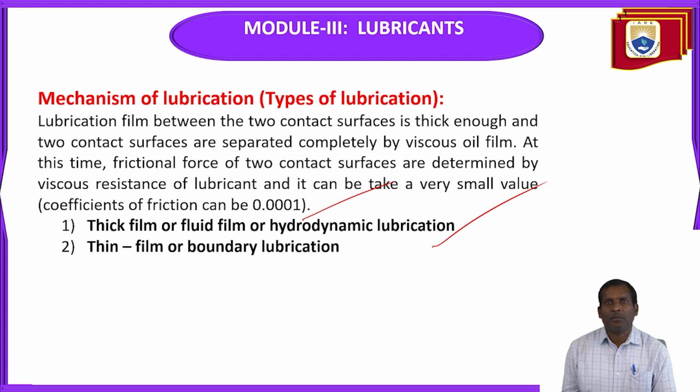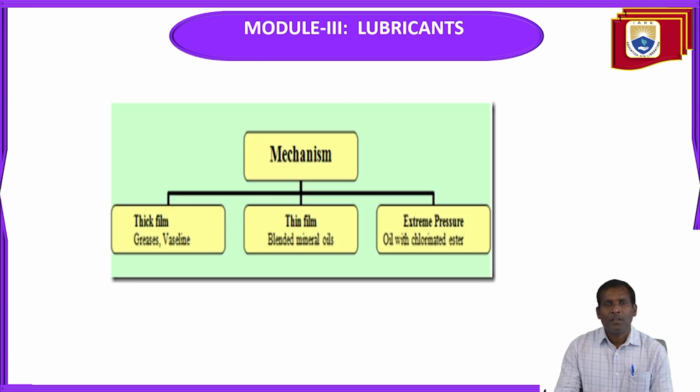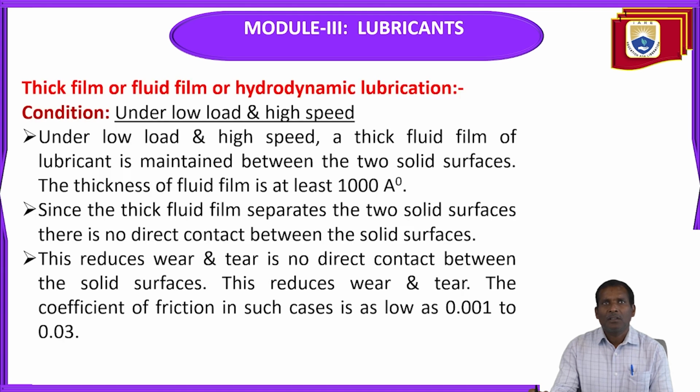So there is thick film, or fluid film, or hydrodynamic lubrication, and then thin film or boundary lubrication. Two types are there, and we will see them one by one. Here the mechanisms are thick film, thin film, and extreme pressure, which is oil with chlorinated ester. The thick film or hydrodynamic lubrication condition occurs under low load and high speed.